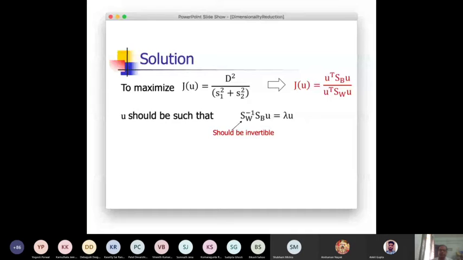So in your data, if you find SW is not invertible, you should have sufficient data points, right? What should be the rank of SW if it is invertible? Full rank. Yeah, full rank. That it should be invertible.